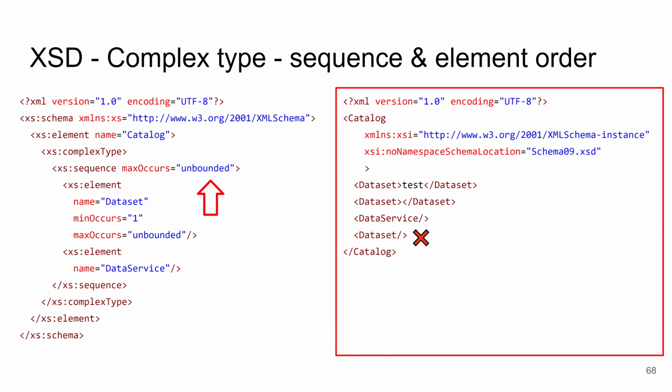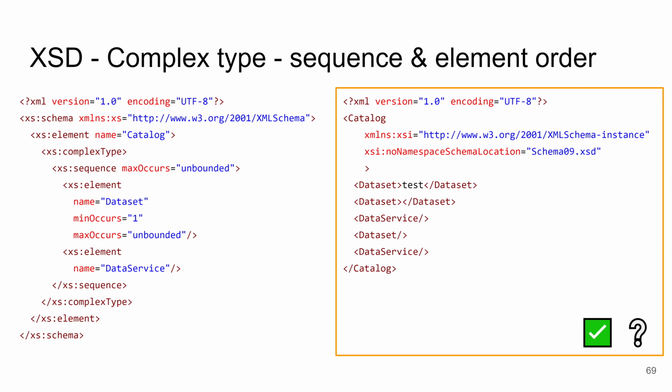However, like this, the document is still invalid, but now the reason is different. The reason is that the sequence defines the data service element with the default minOccurs value of 1. And after the second dataset, there is no second data service, and therefore it is invalid.